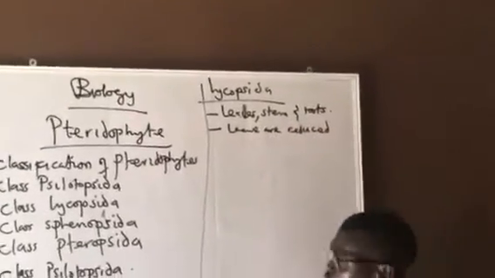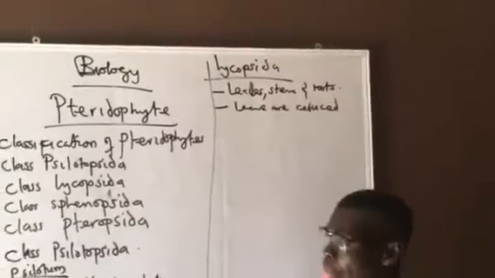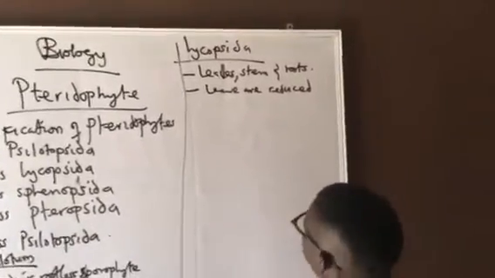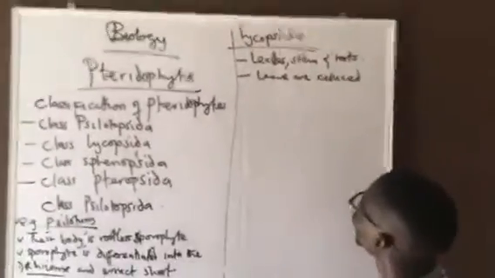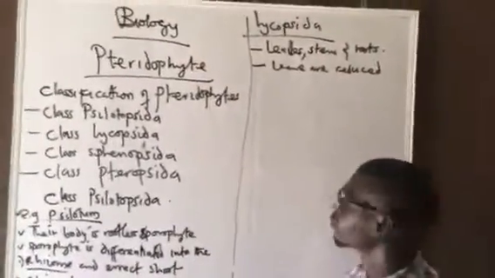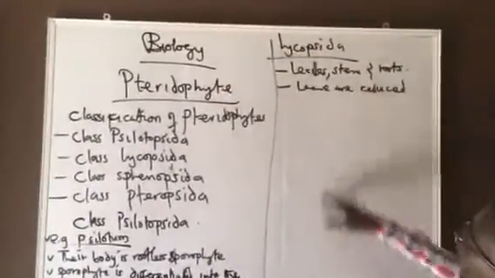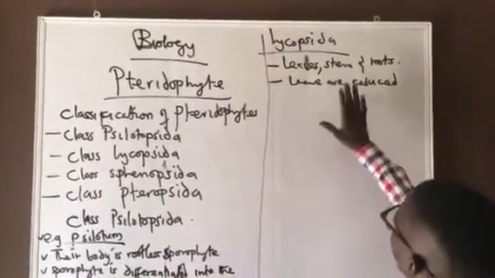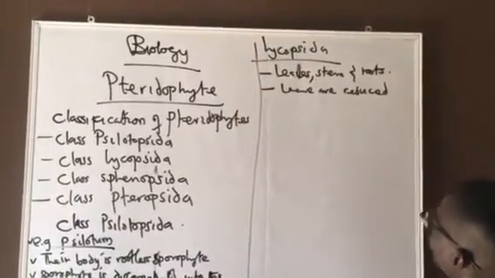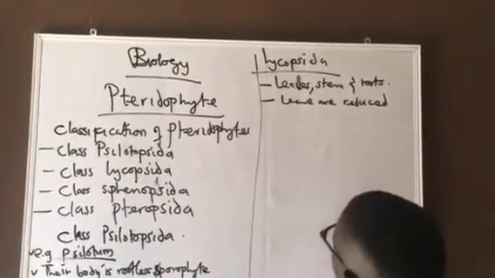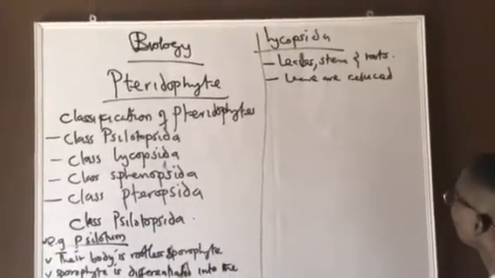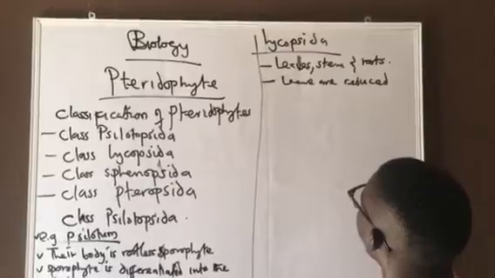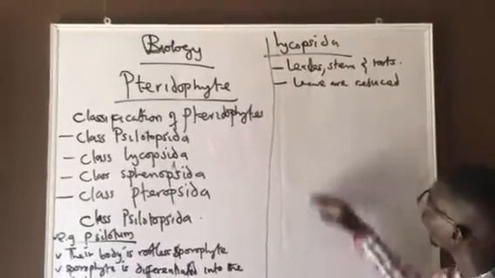So when we talk about this group, the Lycopsida, they have sporophytes and they also have gametophytes. The Lycopsida also possess rhizoids for attachment, and aside from that, they can be in two groups.